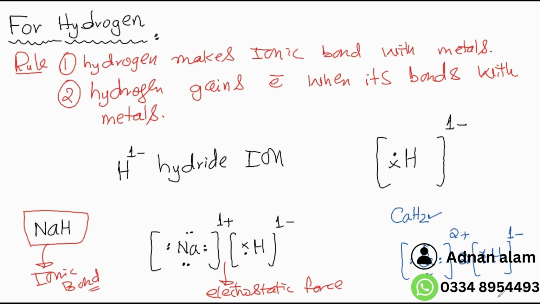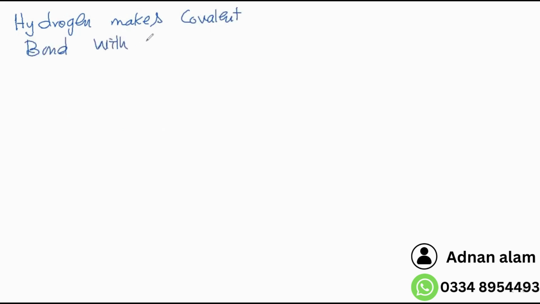When hydrogen combines with a metal, it makes an ionic bond. But when hydrogen bonds with a non-metal, hydrogen makes a covalent bond with non-metals. Like HCl.